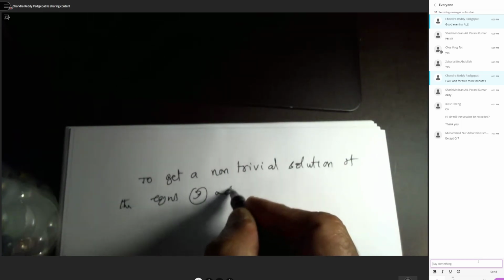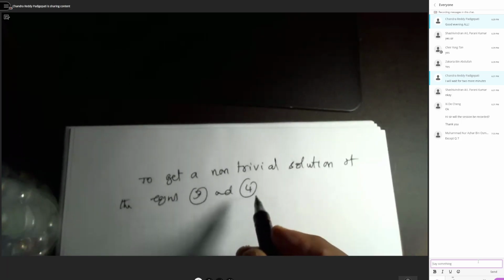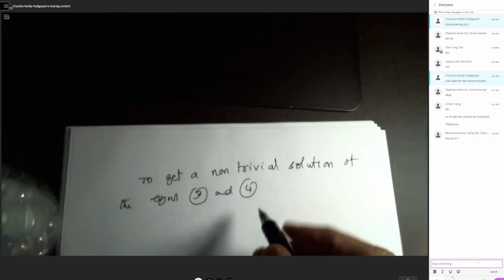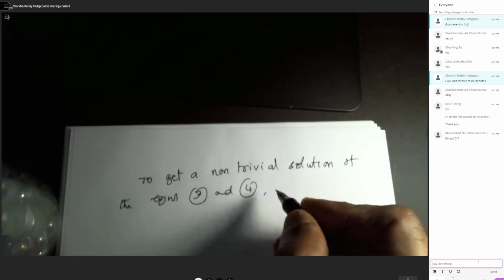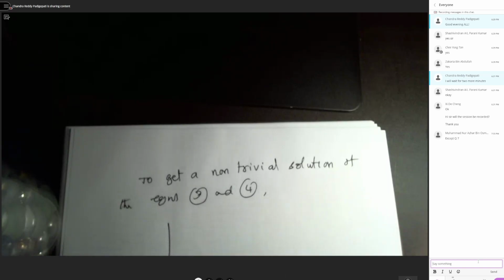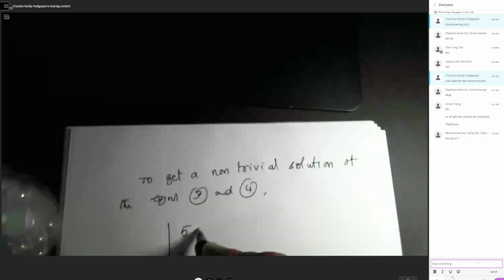equations 3 and 4. So you need to make the determinant of the coefficients 0.